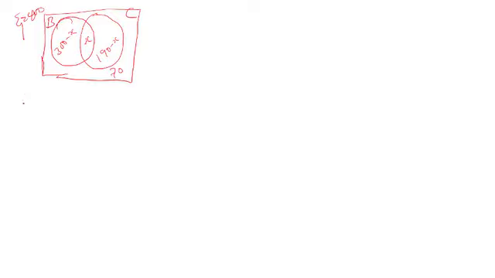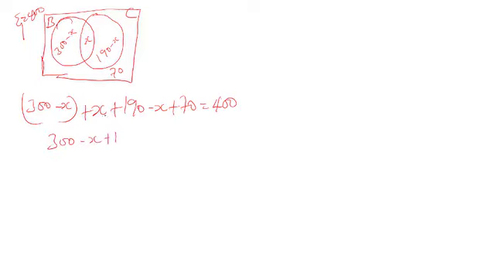We now have 300 minus x plus x plus 190 minus x plus 70 is equal to 400.